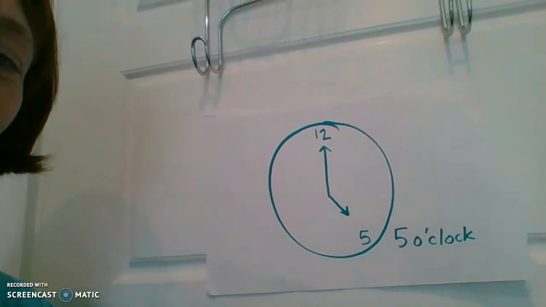I'm getting farther away from the door, but I'm still inside 4 o'clock. And I'm walking through the room and I'm still in 4 o'clock. And then I get to the next door and the next door says 5 o'clock. So I can go through this door and then I'm in 5 o'clock.